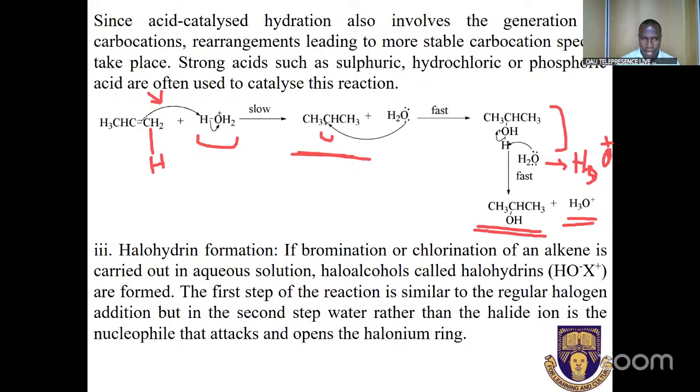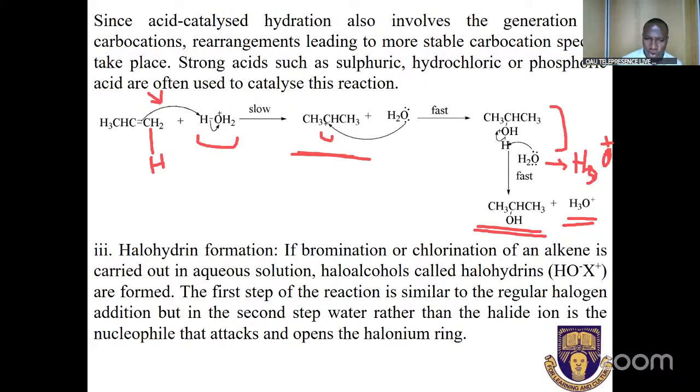But because the carbocation is generated, at times you can have some form of rearrangement with this type of reaction. The rearrangement is because carbocations will tend to tilt towards the position of higher stability.